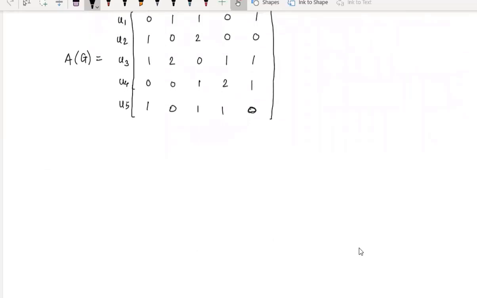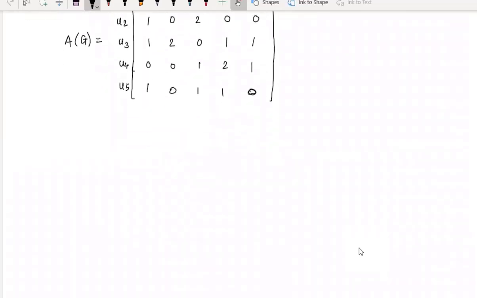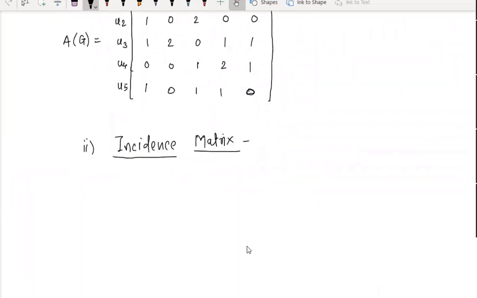Now, incidence matrix, the second one. Incidence matrices exist between the edges and vertices. Okay, so the rows represent the vertices and columns represent the edges. So incidence matrix of G: U1, U2, U3, U4, and U5, row wise.